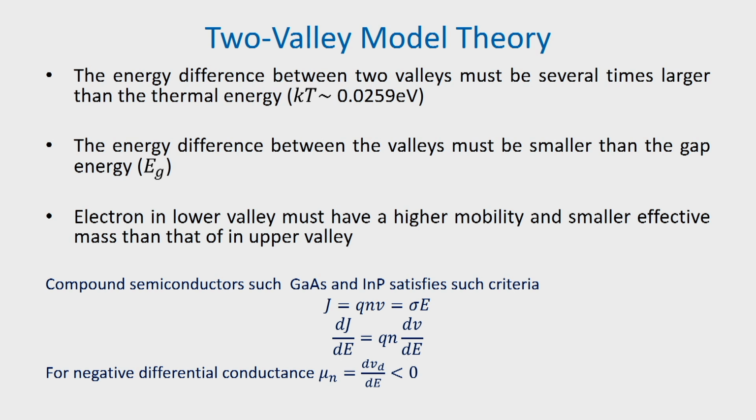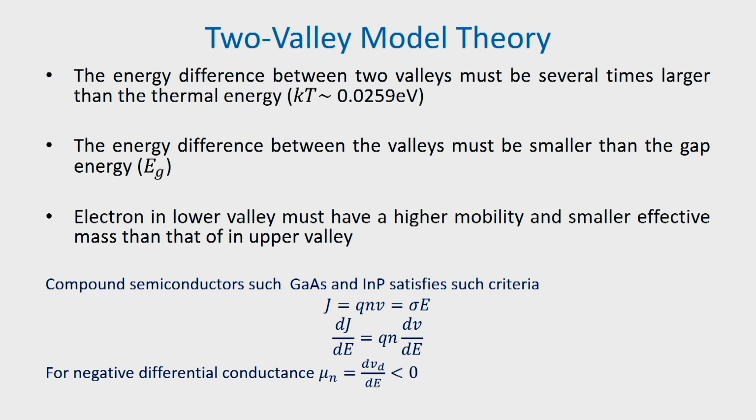We have seen that in gallium arsenide we have Eg approximately equal to 1.43 electron volt, and the energy difference between the valleys is 0.36 electron volt.